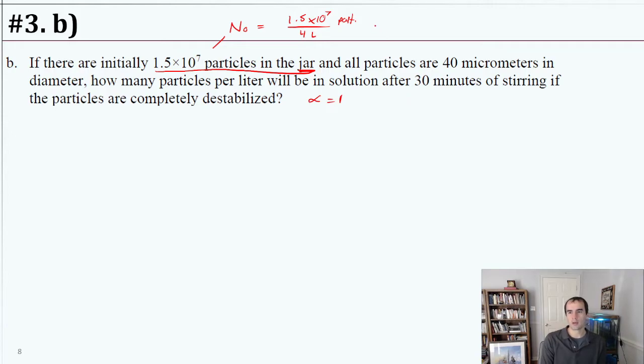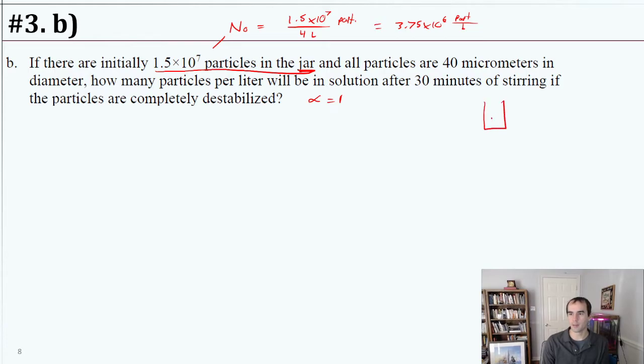And if we want it particles per liter, then we probably ought to go ahead and convert that, and that would be, divide that by 4. So that would be 3.75 times 10 to the 6th, excuse me, particles per liter. Okay, so that's our kind of starting condition.